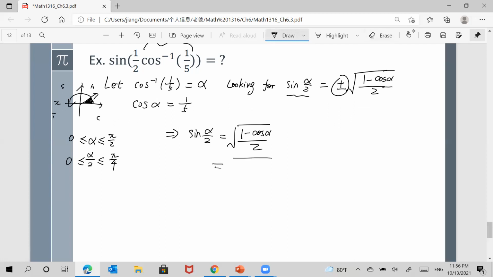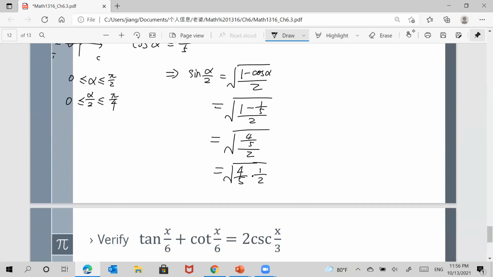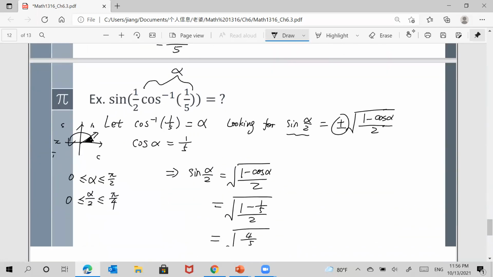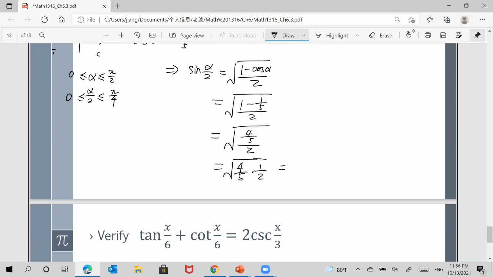This equals square root of (1 minus 1 over 5) over 2. The top one, 1 minus 1 over 5, is 4 over 5, over 2. That means square root of 4 over 5 times 1/2, which equals square root of 2 over 5.